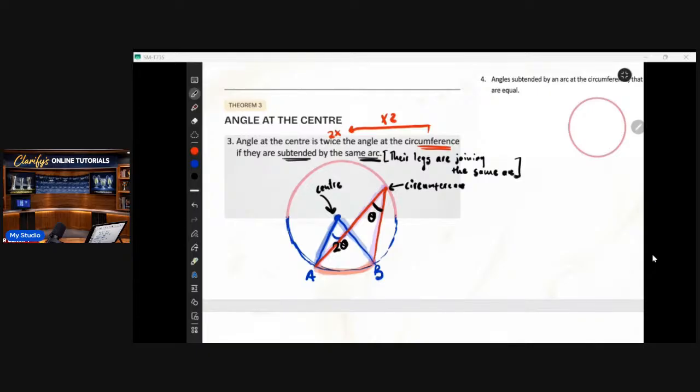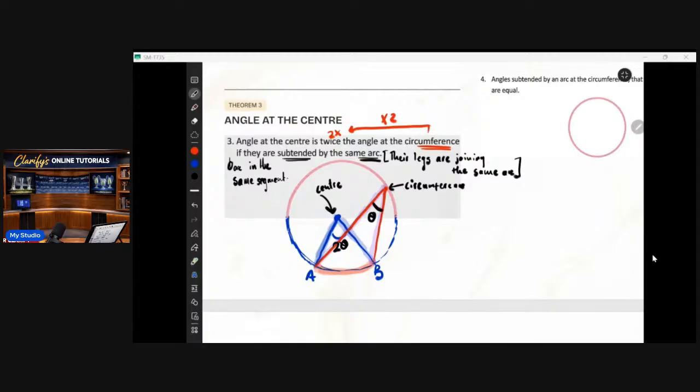It will be 2 times the one at the circumference if they are subtended by the same arc and are in the same segment. So what you say is: angle at the center is 2 times angle at the circumference, if they are subtended by the same arc and are in the same segment.